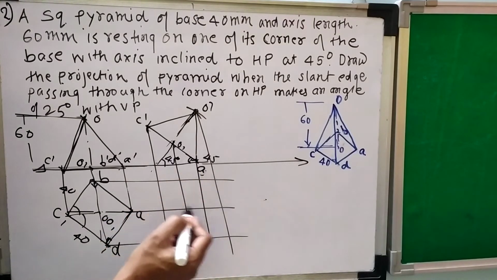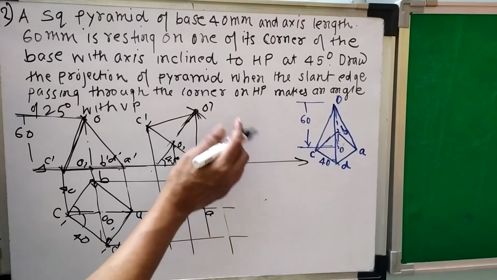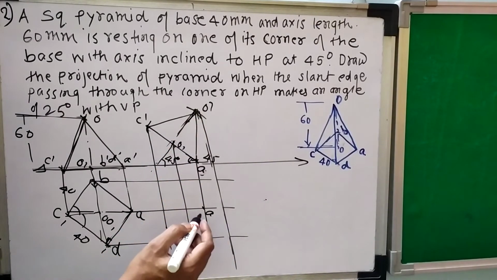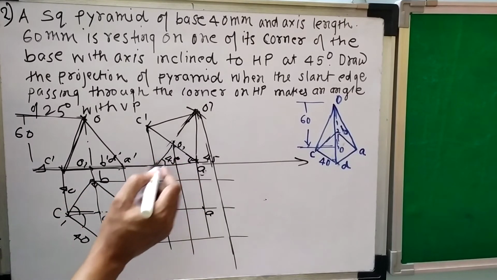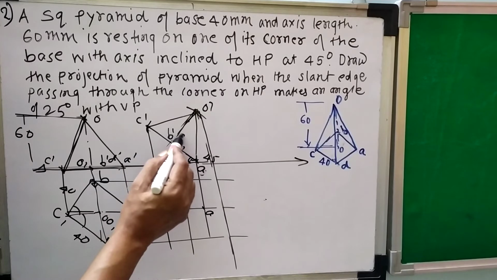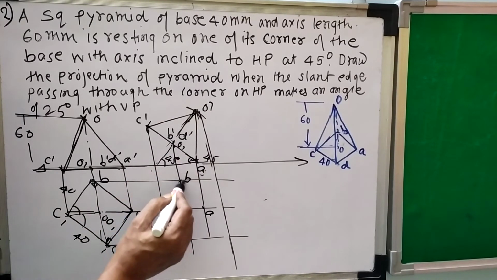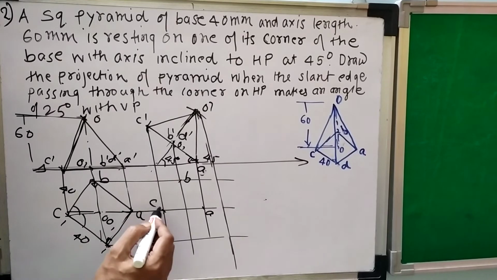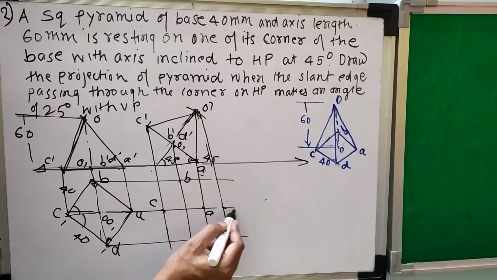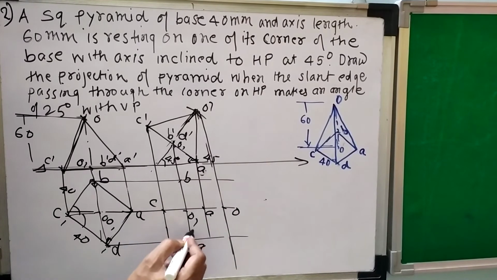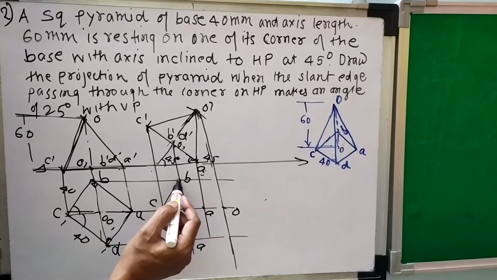So this is A with A, then this B with B, because this is the B dash D dash point. So B with B, C with C, D with D, A B C D, and this is O, and this is O1. So roughly I can have these points.